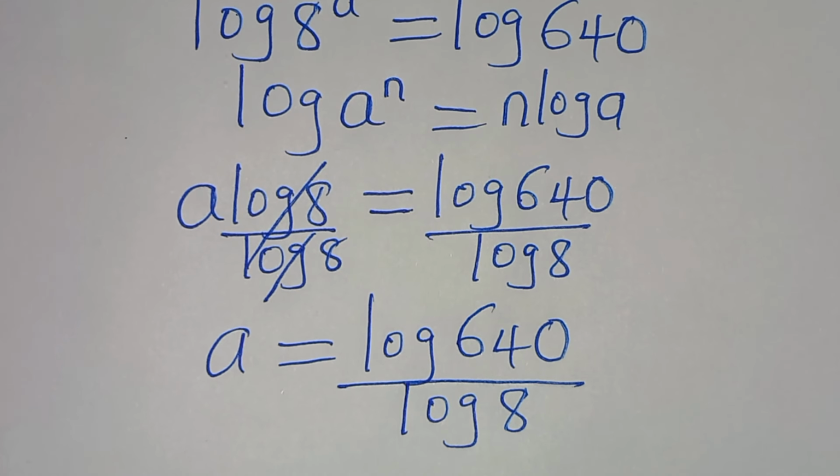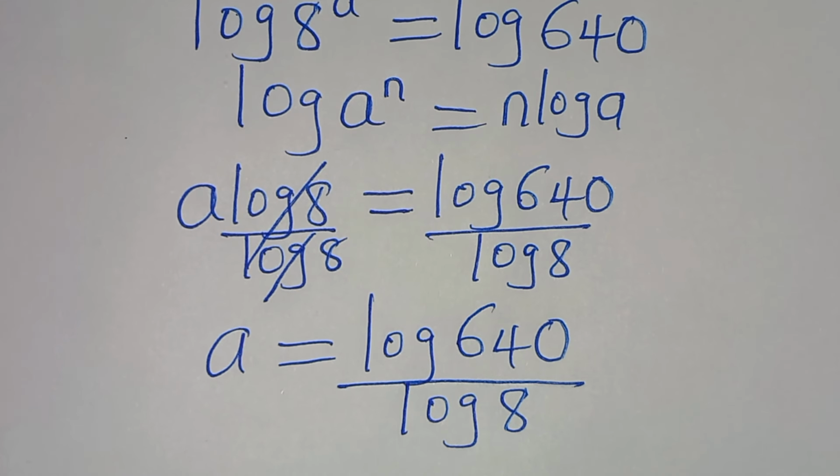So from here, we can express 640. This is the same thing as 64 multiplied by 10. So let's substitute this so that we have a is equal to log 64 times 10, everything here divided by log 8.